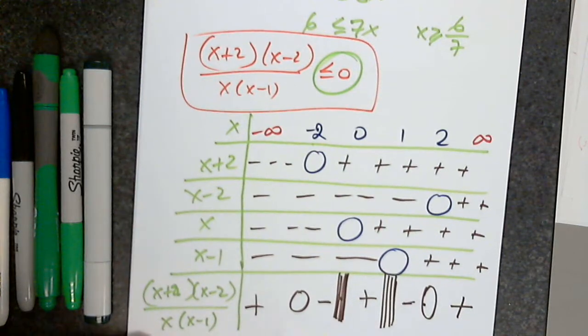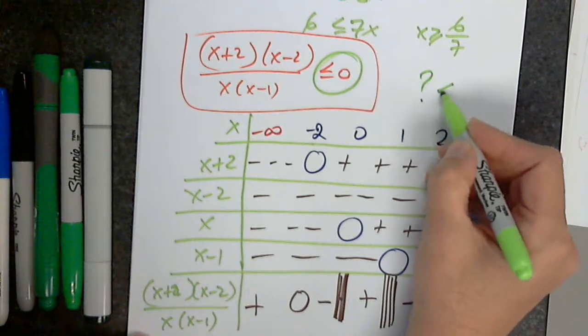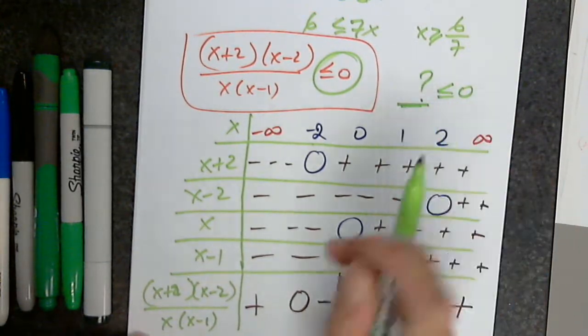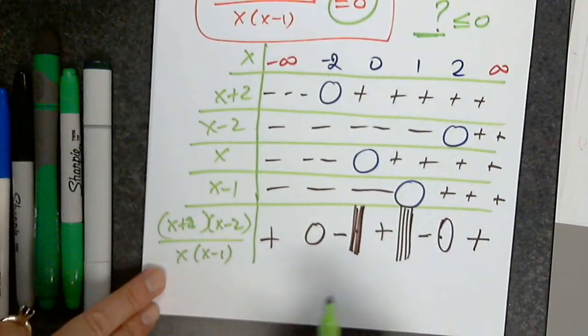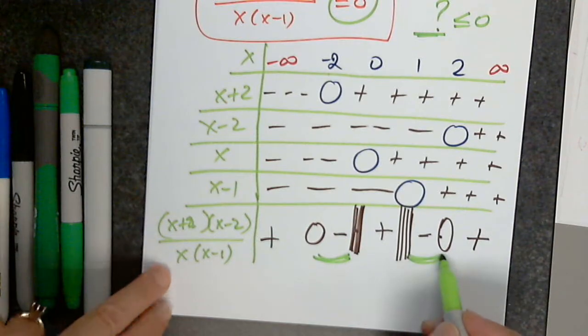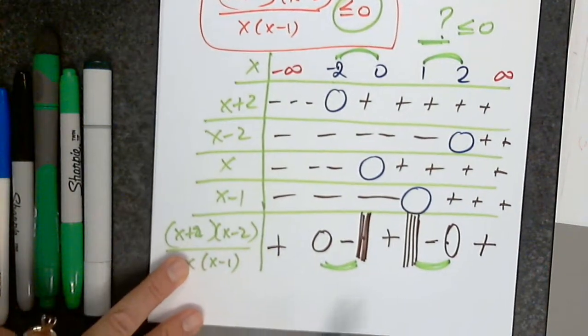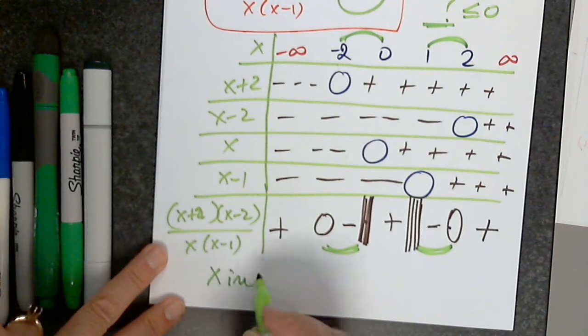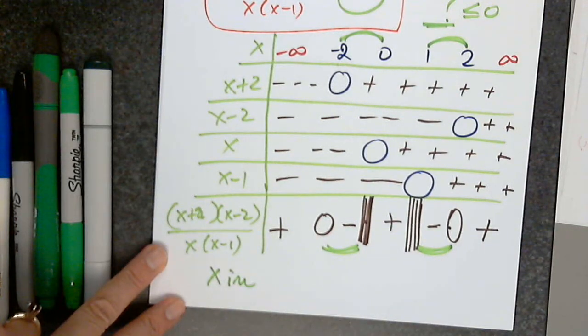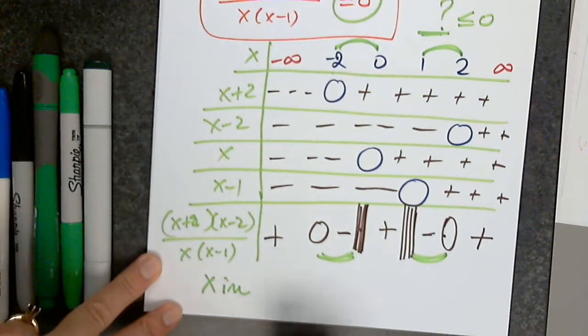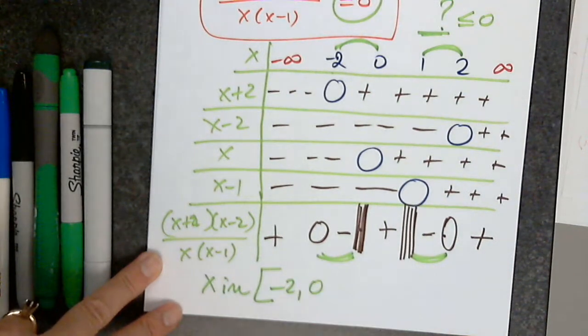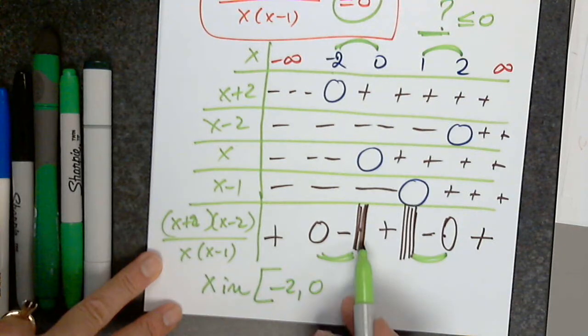The question is asking me to find where the expression is less than or equal to 0. Which sign am I looking for? Negatives, so here and here. So the solution must be this and this. How do I write it? X in the interval, greater than or equal to, the bracket. Bracket, very good. Negative 2 comma 0. Right, I cannot close it there.